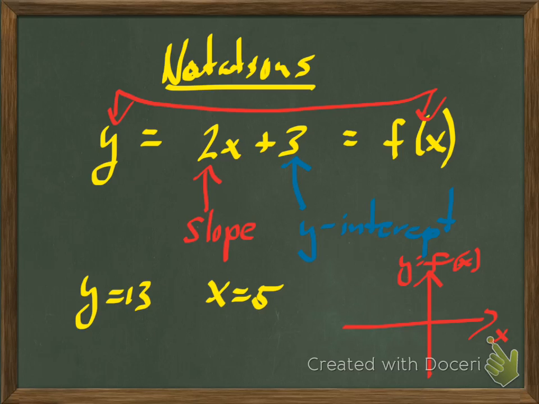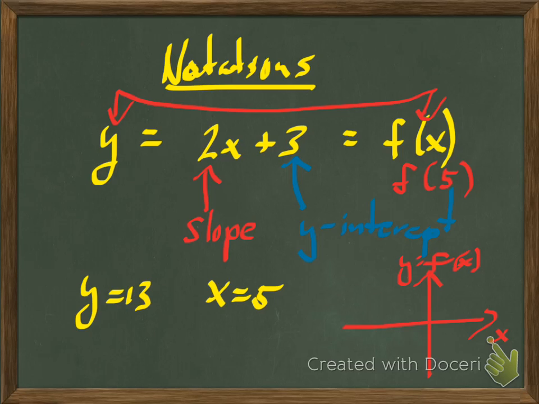The difference here is that instead of having to say the words, find the value of y when x equals 5, I can just say find f of 5, which means the same thing. It means put 5 into the function for the x values, evaluate using order of operations, PEMDAS, and figure out what value you get. So there's two different notations, so let's clear that up right away.